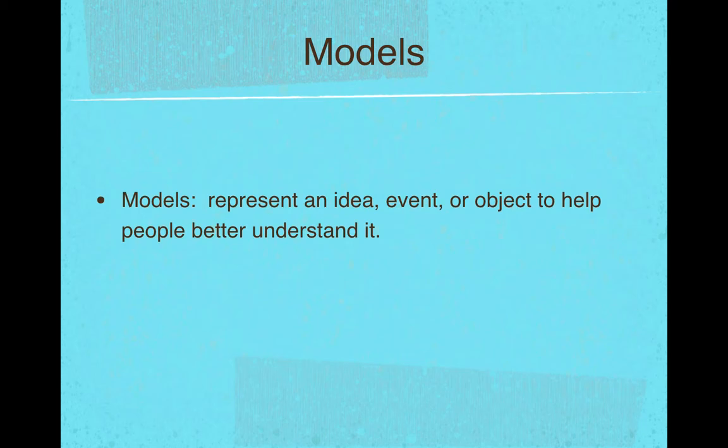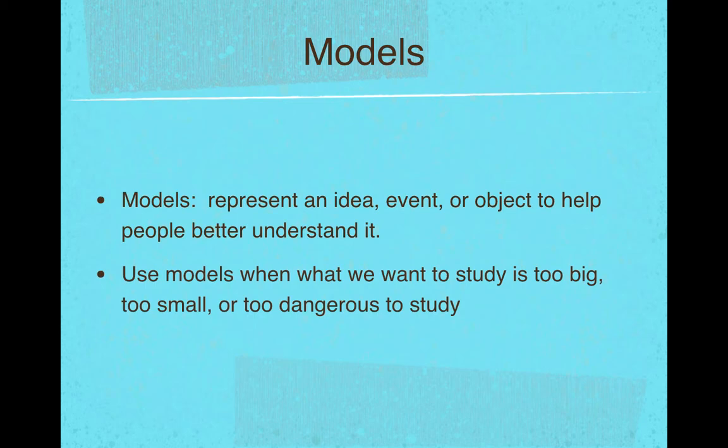Models can be computer simulations. They can be something that we build in class to help us understand it. Models are used in science to study stuff that's too big, too small, or too dangerous to study.